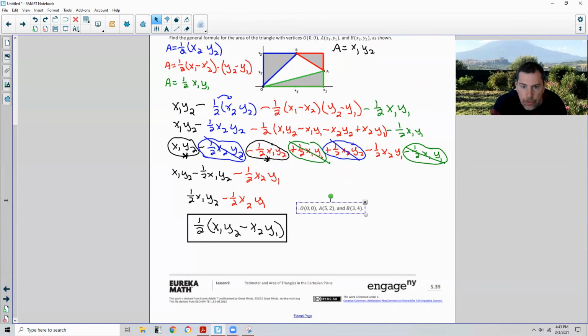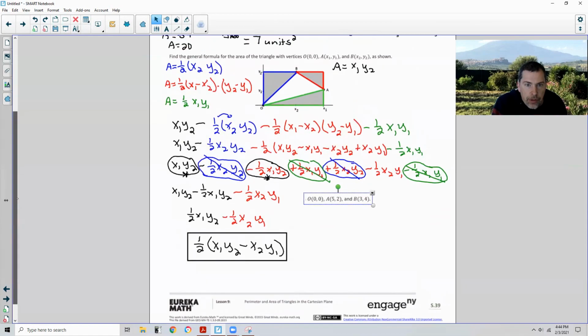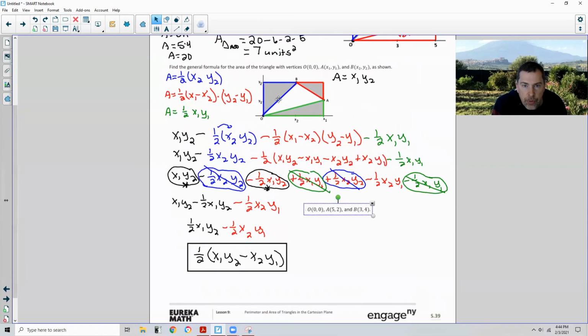Okay. So here is this point here. So, well, we have 1/2 x sub 1, y sub 2 minus x sub 2, y sub 1. What are these x sub 2, y sub 1 points? These are the 4 points. So if I look at this and label it, I can check this.